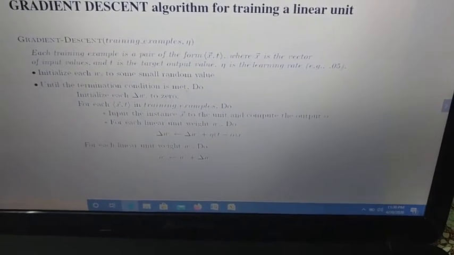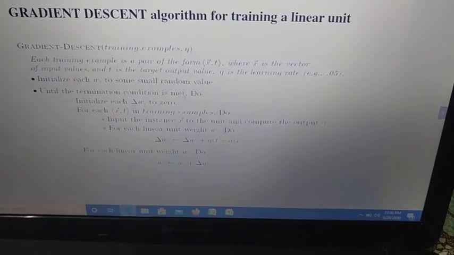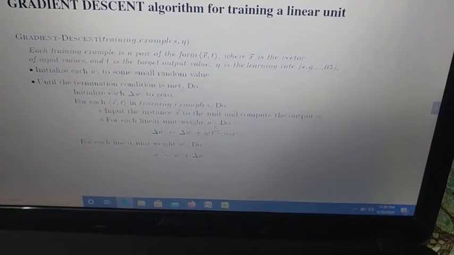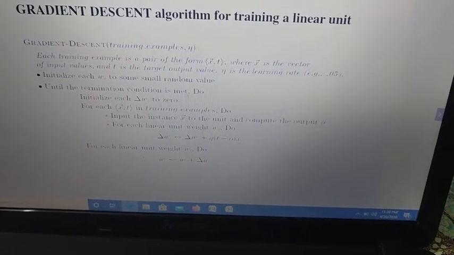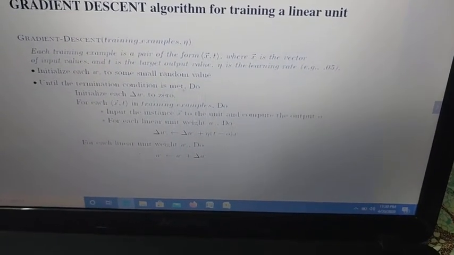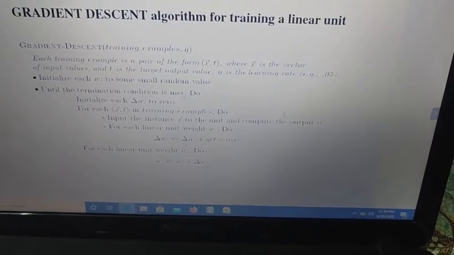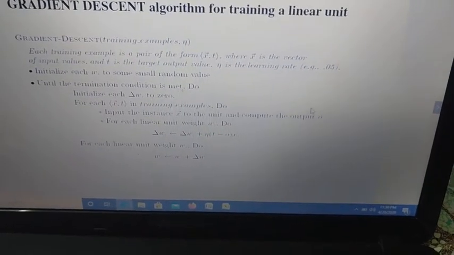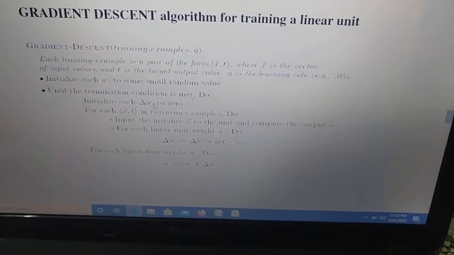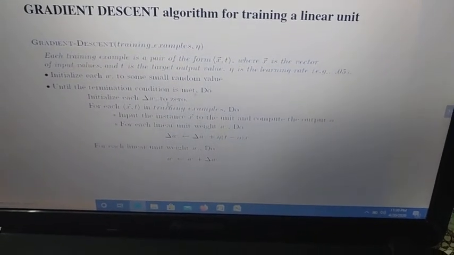So after computing an output, for each linear unit weight wi, we know that our output, whatever we have got here, that is our predicted value, is not equal to an actual value. That's why we have to backpropagate it, and initially the delta wi value was equal to 0.